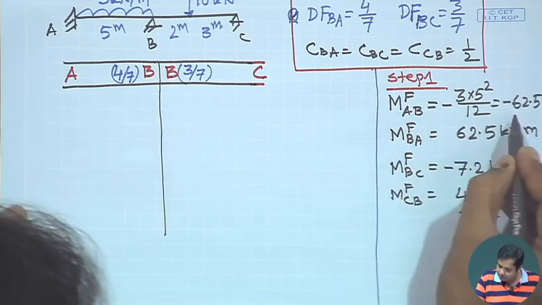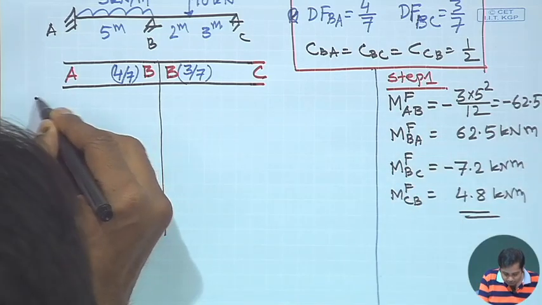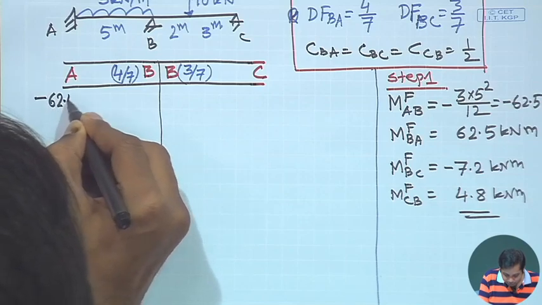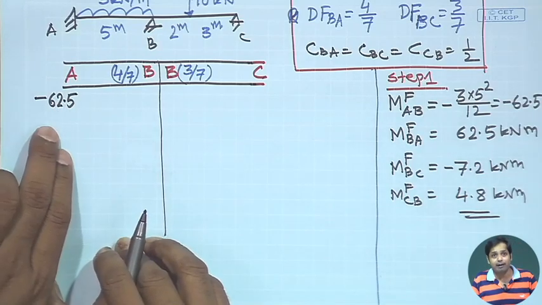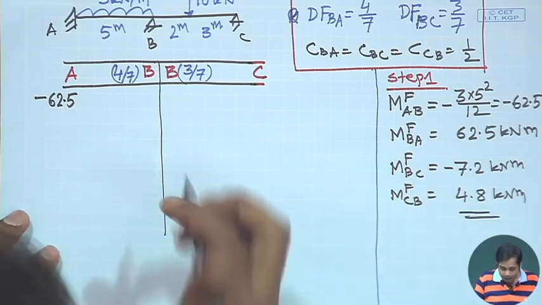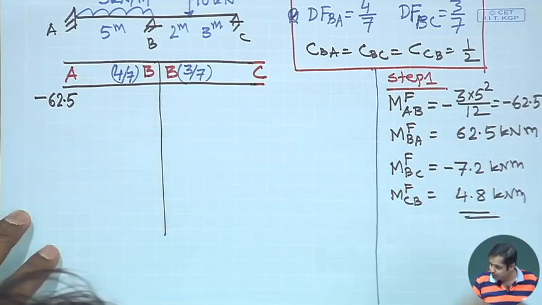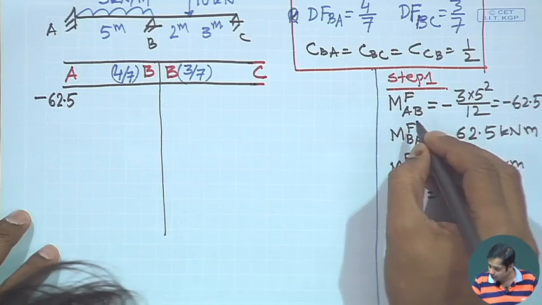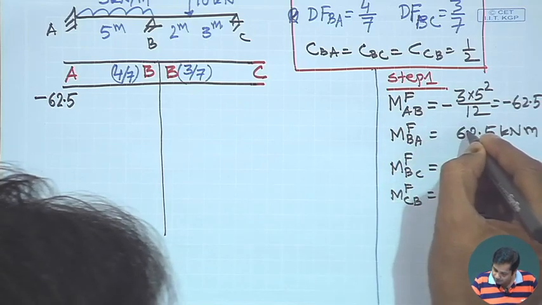What is the fixed end moment? Fixed end moment at A is minus 62.5. When we write the values, we give the sign based on whether they are clockwise or anti-clockwise. Correction: this is 6.25, not 62.5. Please correct it.